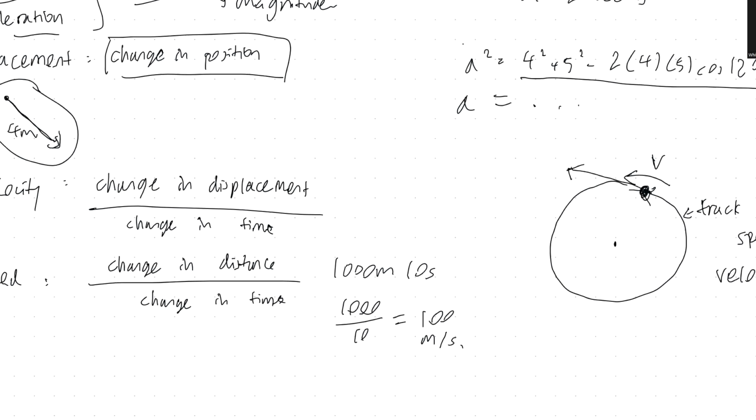But after a while, when the boy is at this point, the velocity will actually point in this different direction. Of course, the velocities are all perpendicular to the radius of the circle. So as the boy moves along this circle, its velocity actually changes because the direction of the vector is changing. Therefore, the velocity isn't constant.